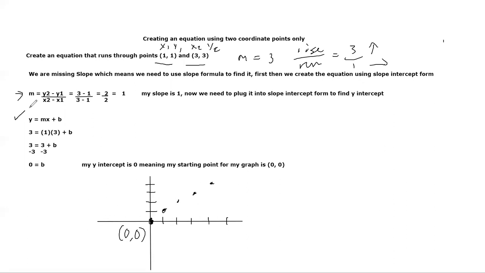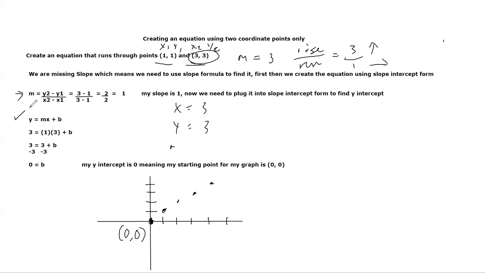If you solve for the y-intercept correctly, it doesn't matter if you use 1 and 1 or 3 and 3. Just pick one, as long as you're using the entire coordinate point. So in this case, I chose 3 and 3 to represent my x and my y, right? So x is equal to 3, y is equal to 3.